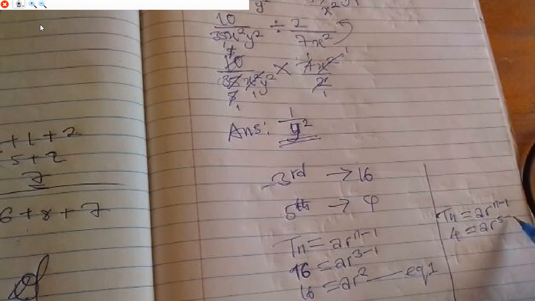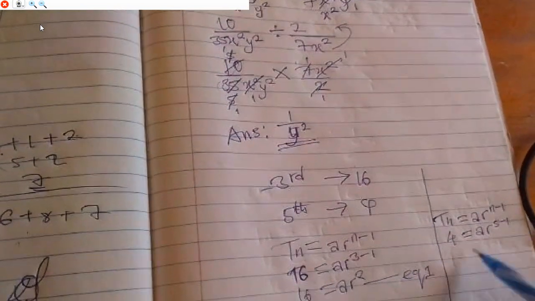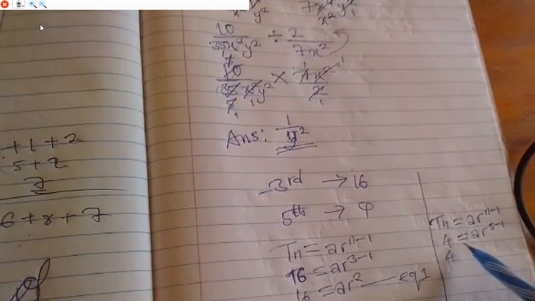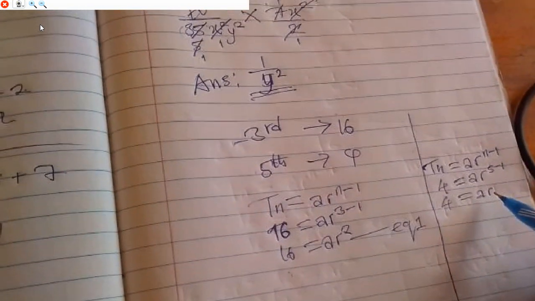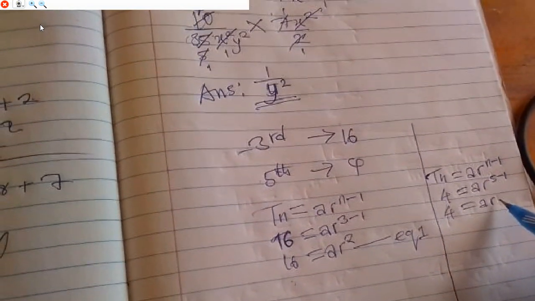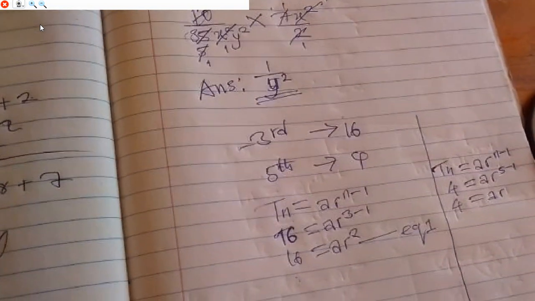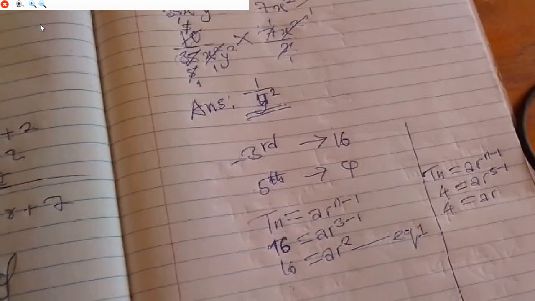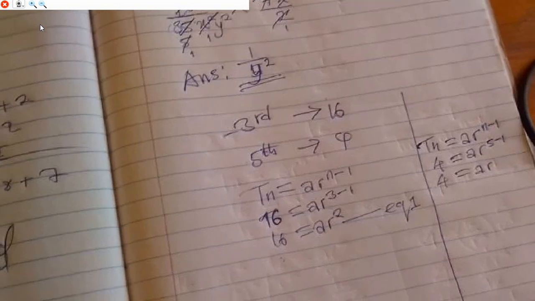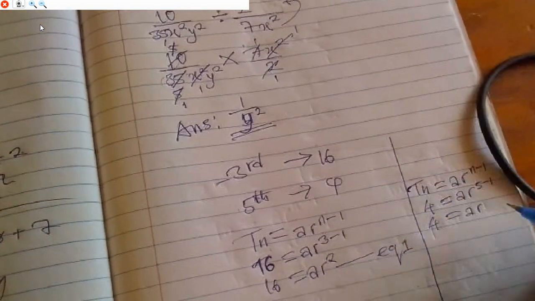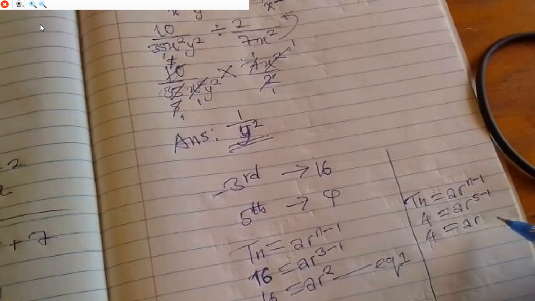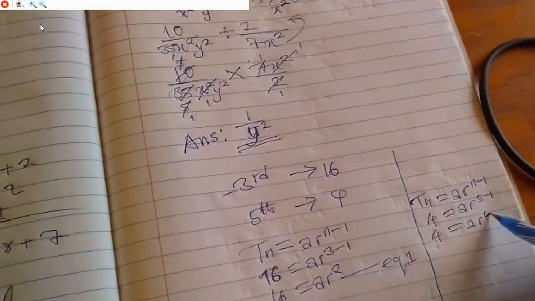Having that, we're going to end up having 4 equals AR, and we are going to have 5 minus 1, which is 4. We will call this equation 2.